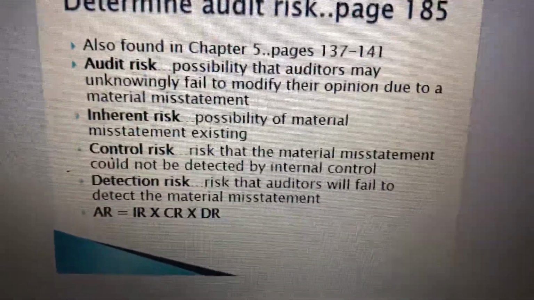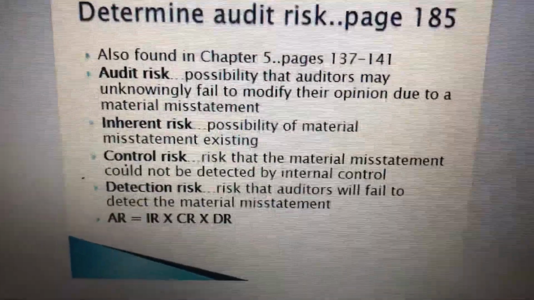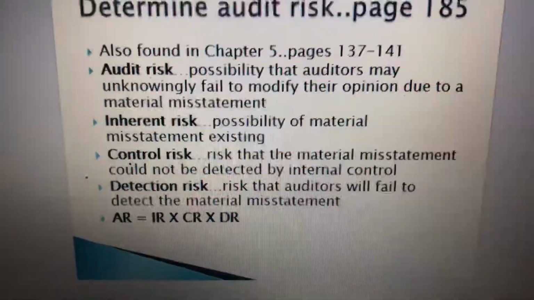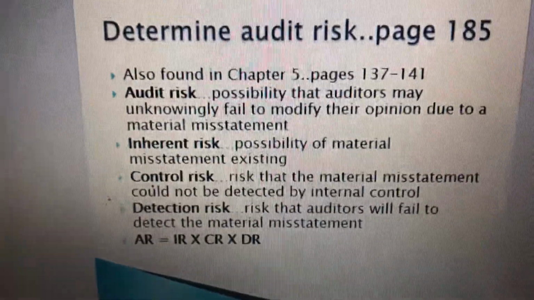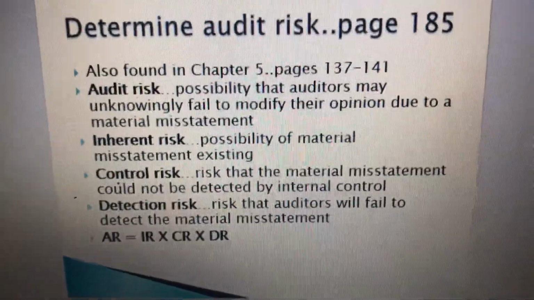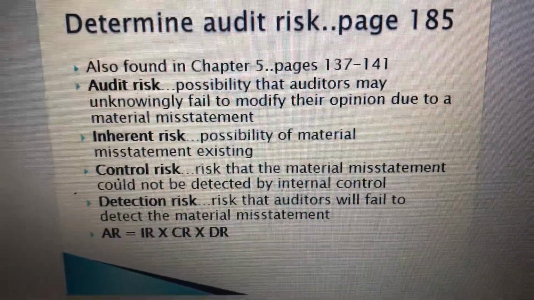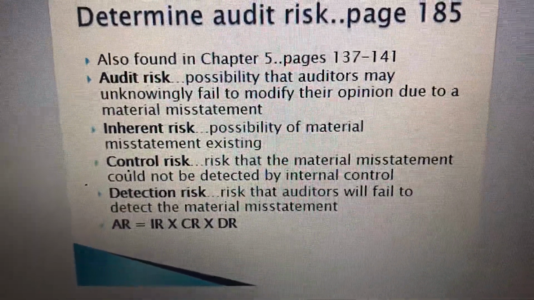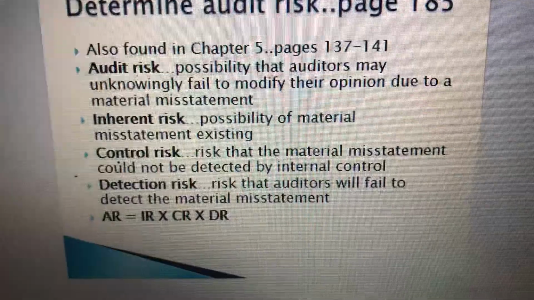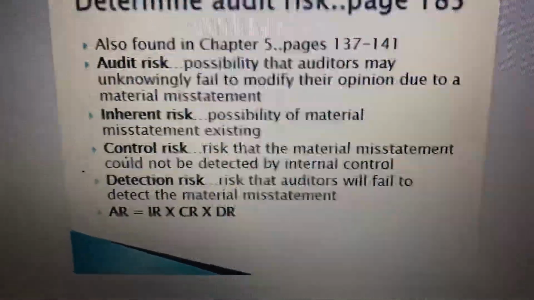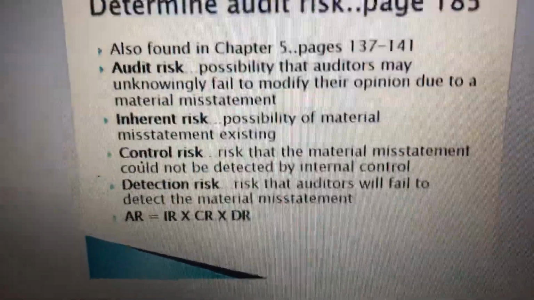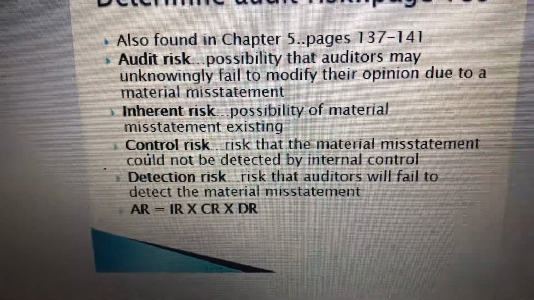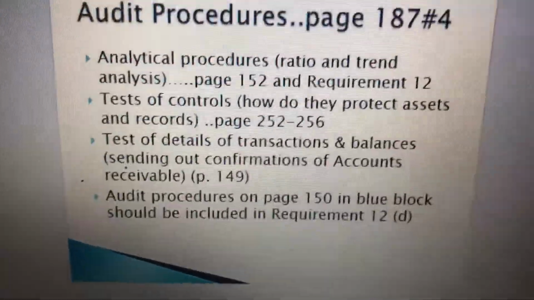If we have anything material, internal controls should weed that out. And then auditors should catch any problems. So inherent risk is overall risk. Control risk has to do with internal control and what they catch. Detection risk is us.